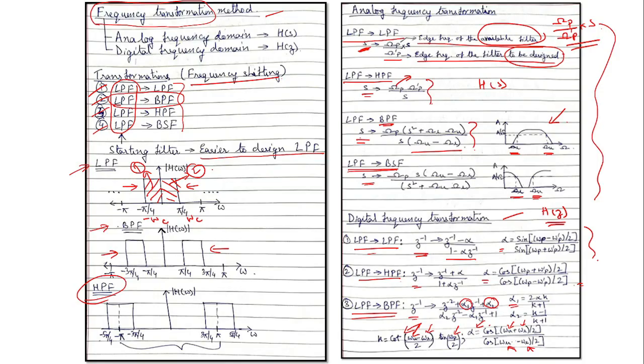You just have to put in the values and transform this Z inverse to the modified transfer function values, to get the modified digital filter.